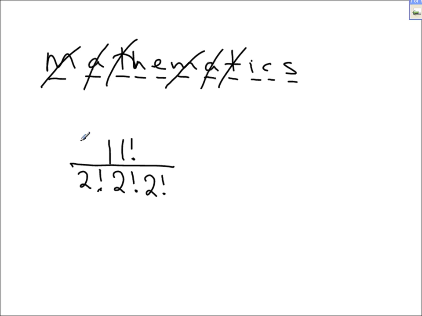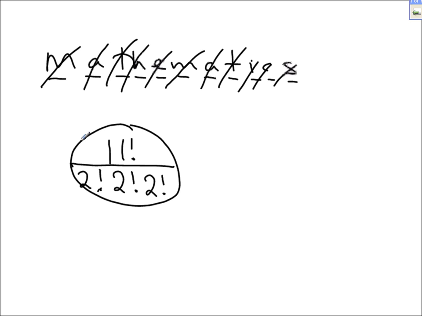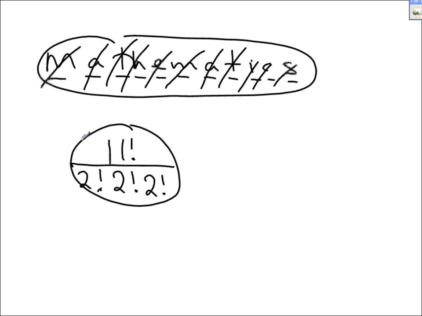If I'm not mistaken, there's only 1 H, and I'm not going to write the 1 factorial down. There's 1 E and 1 I, C, and S. And here it is. In an exam, I would just want you to leave the answer like that. This is the number of different permutations for the letters in the word mathematics.